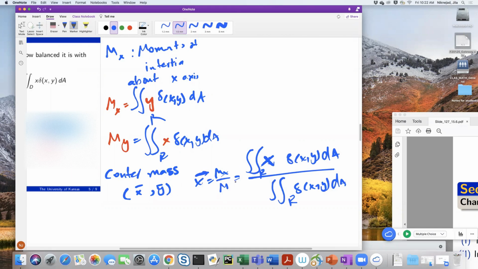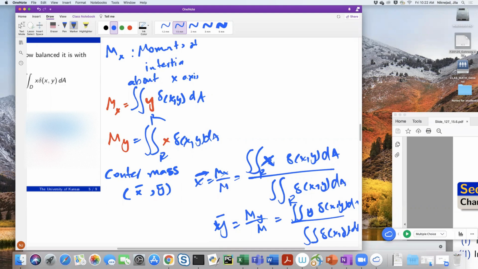So now x bar matches with x in the integral, and y bar is going to be m sub x over m, which is the integral of y delta(x,y) dA over the integral of delta(x,y) dA. So again, averaging for the x bar, you're averaging the x.